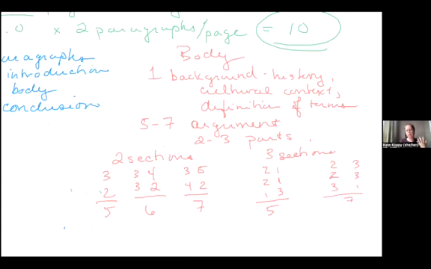So you can see the kind of thinking that I'm doing here is I'm thinking about how many sections does my argument have? And then how many paragraphs am I going to give to each of those sections? So let's say that you've been thinking about single-use plastics and their impact on the world.